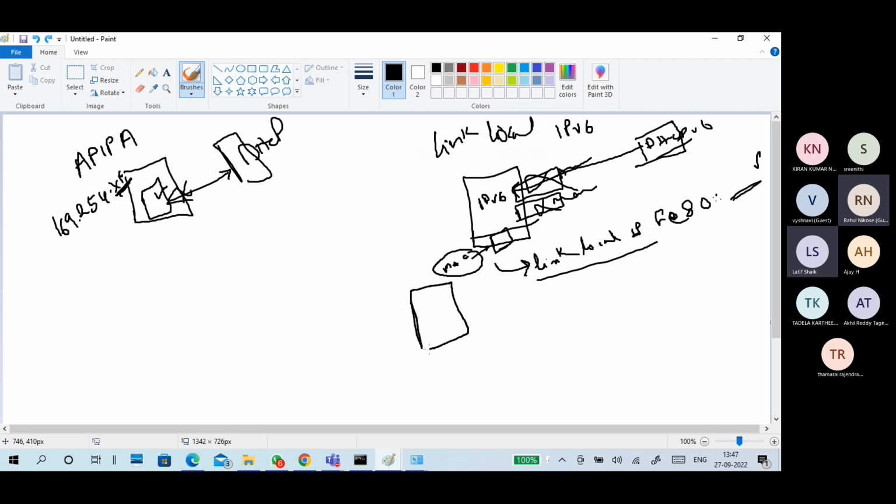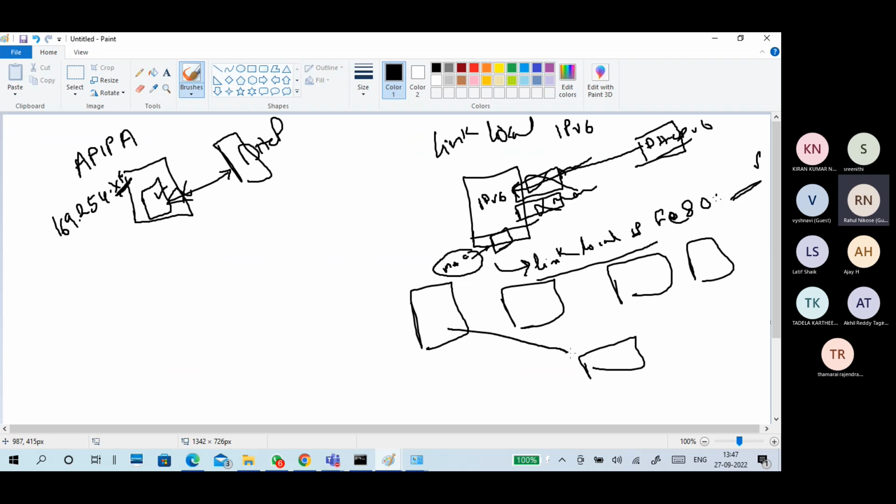But if the PCs are in the same LAN network, all PCs can easily communicate without any direct IPv4 assignment, without direct IPv6 assignment.